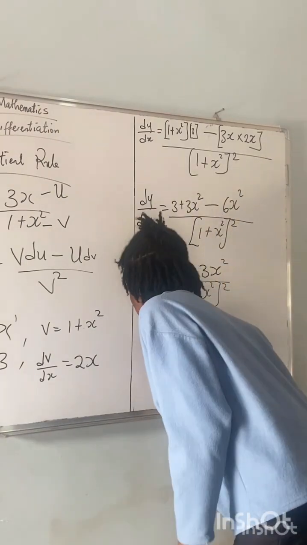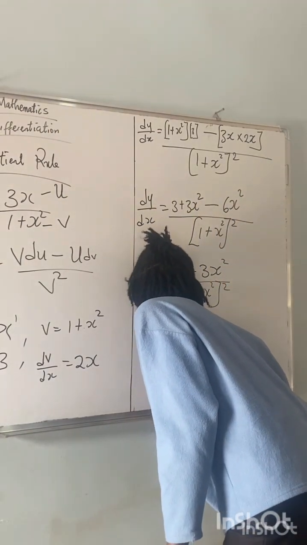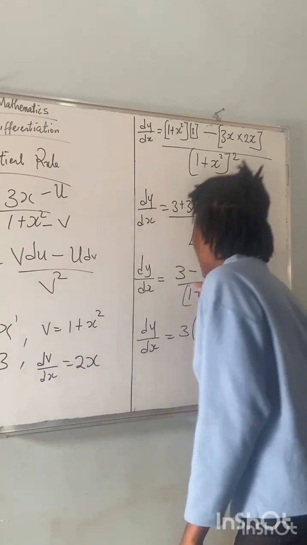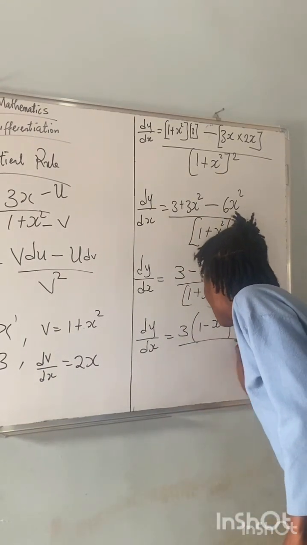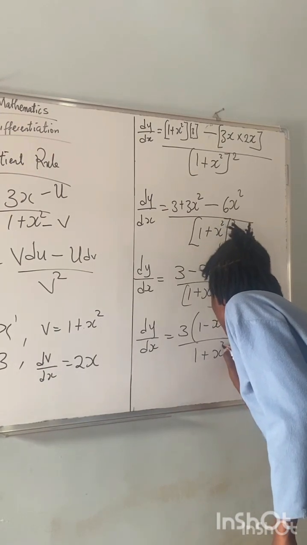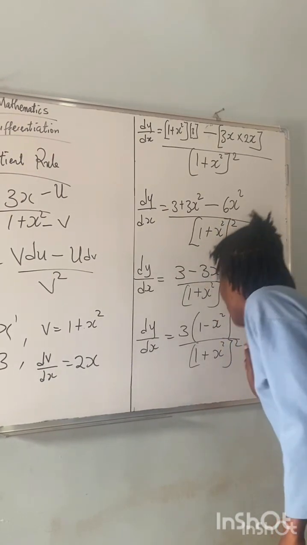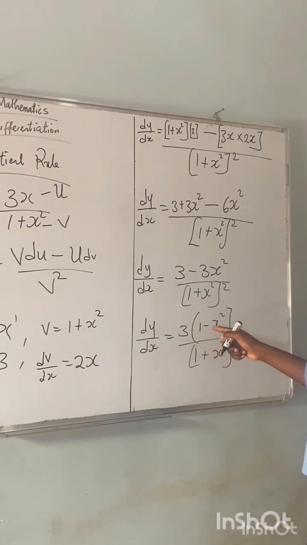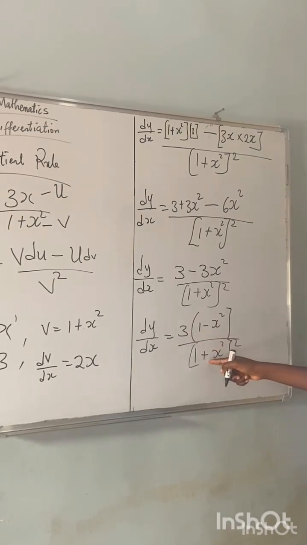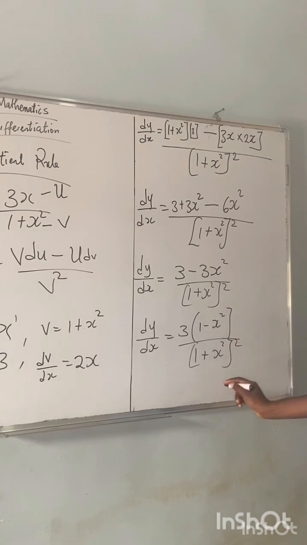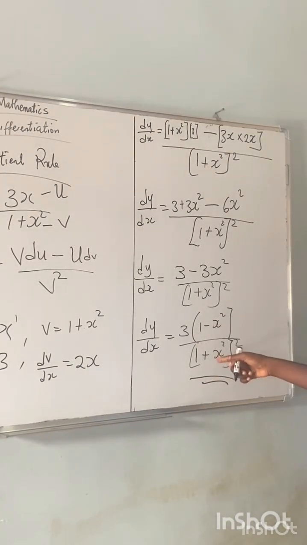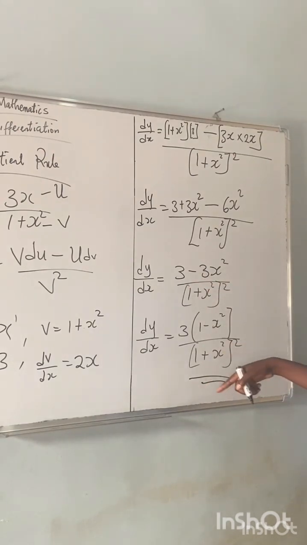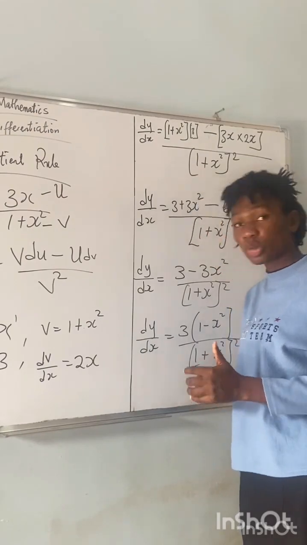Then dy/dx equals 3 times 1 minus x squared, over 1 plus x squared all squared. Since the contents are different, here a minus and here a plus, we have to leave our answer in this form. If both were a plus, then we could cancel one out, but since they are not common, we cannot cancel, so we stop here.